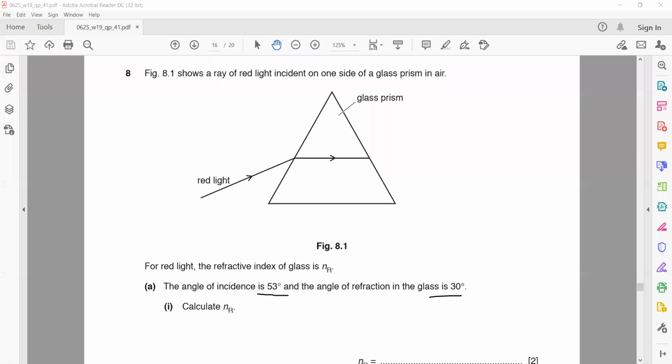Yes, Hashim, what are you saying? Which part are you talking about? Question 7, part A2.